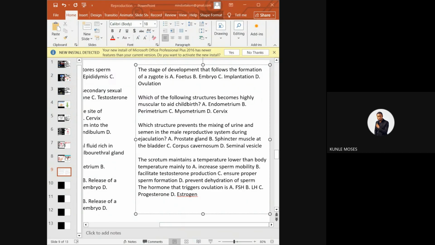The options are: A, produce sperm; B, secrete lubricating fluid into the urethra; C, store sperm; D, produce testosterone. B, secrete lubricating fluid into the urethra. Clap for yourself.